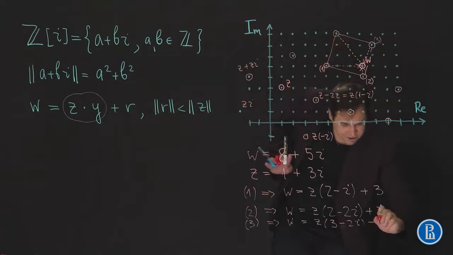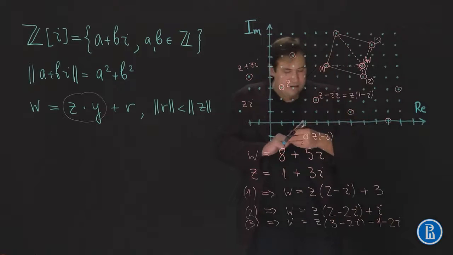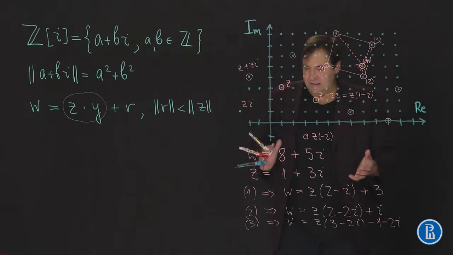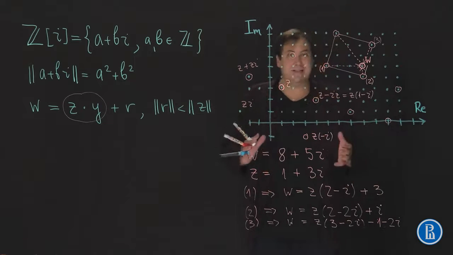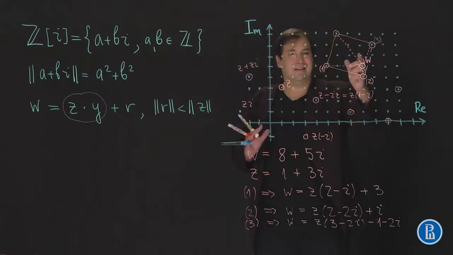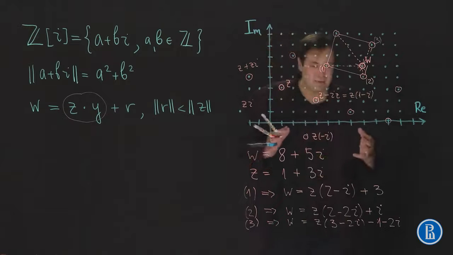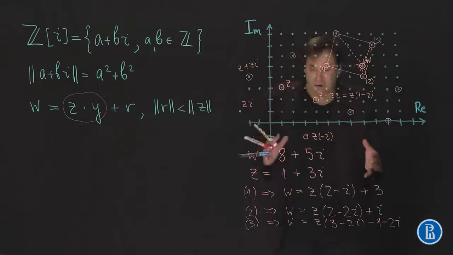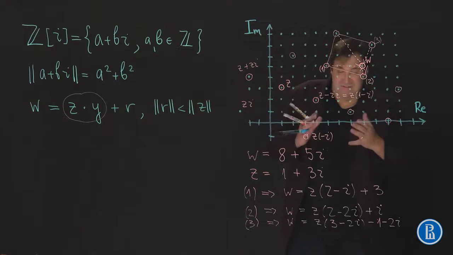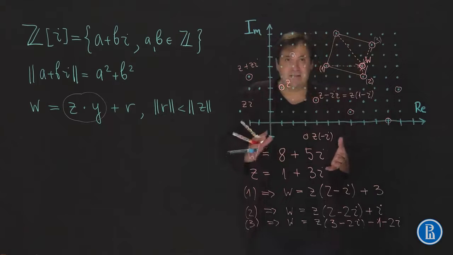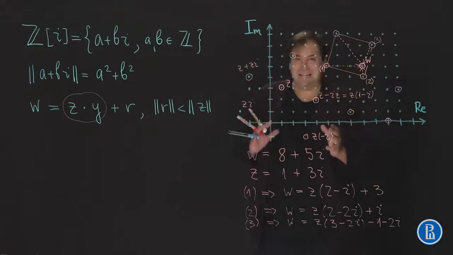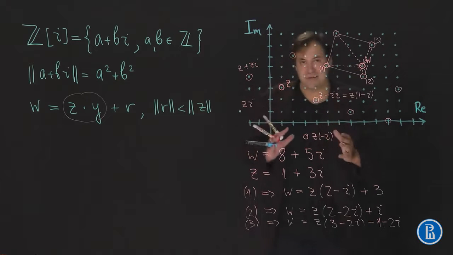We see that there are 3 different ways to divide w by z with remainder, and all these divisions are correct. So we do not have the uniqueness of division with remainder.